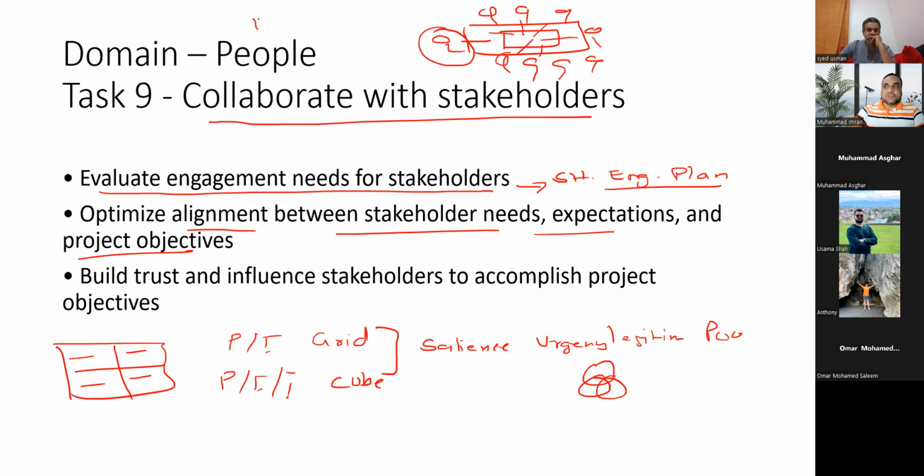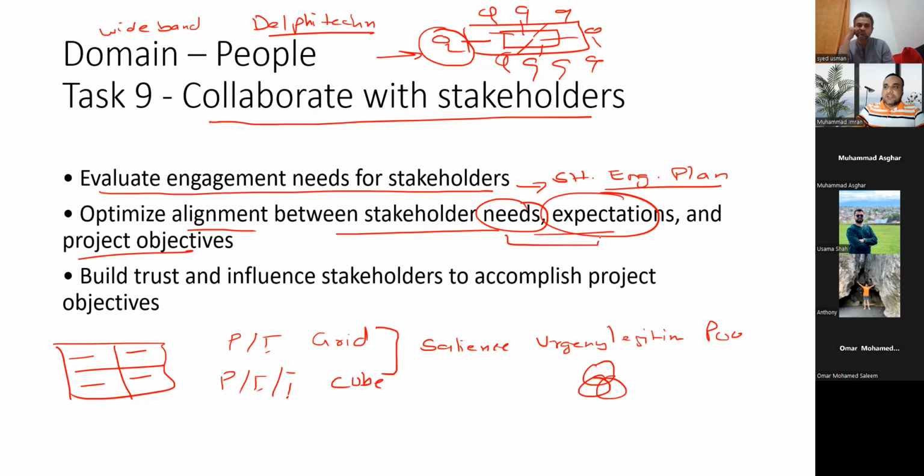To reach consensus, you can sometimes use the Delphi technique, if you remember, or you can use wideband Delphi if the experts are available physically at one location. Here, experts are not available in one location. With those techniques, you can get consensus among the stakeholders and understand their needs and expectations.